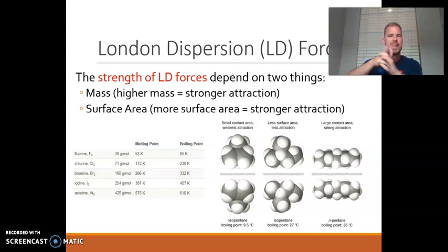So there's not as many areas for it to attract to a neighboring neopentane molecule. But if you compare that to the N-pentane molecule on the right, that molecule's stretched out, which means it has a longer surface area. There's more spots for a neighboring N-pentane molecule to have an attraction between, right? So we see that the more surface area that there is, the higher or stronger the attraction, meaning higher melting points and higher boiling points.